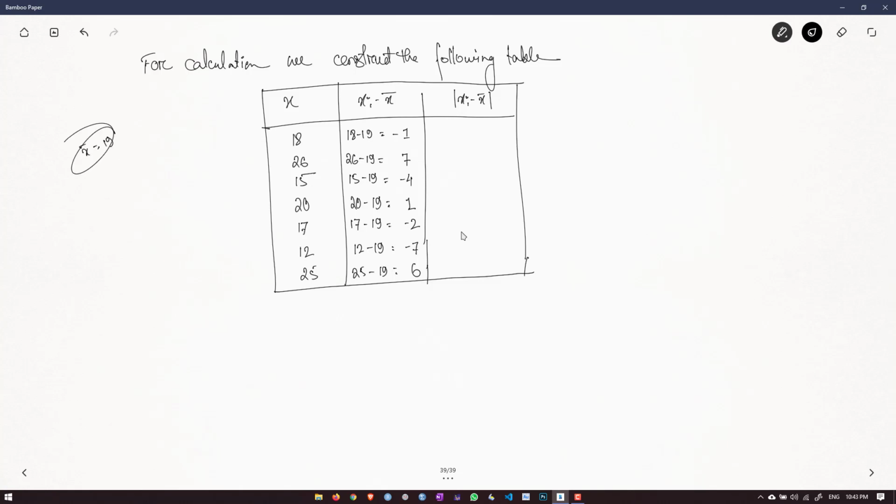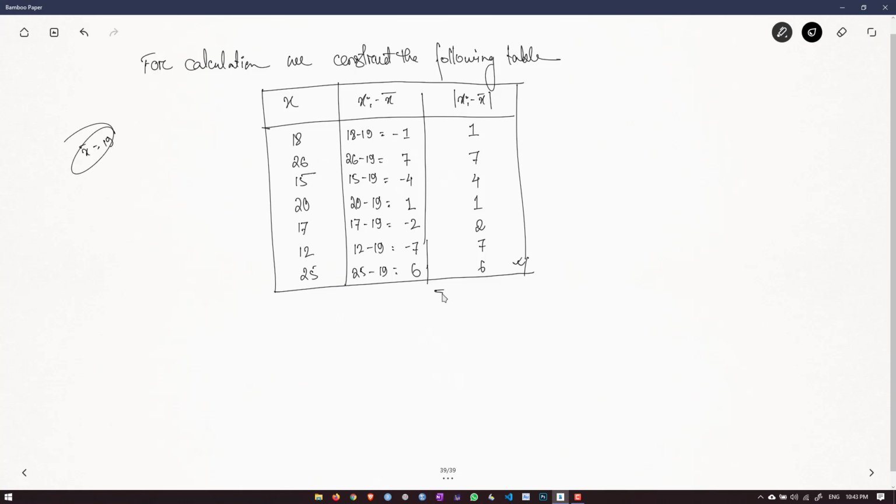The next step is to find the modulus. That means you just ignore the signs. Minus 1 will be 1. 7 will be 7. Minus 4 will be 4. 1 will be 1. Minus 2 will be 2. Minus 7 will be 7. 6 will be 6.